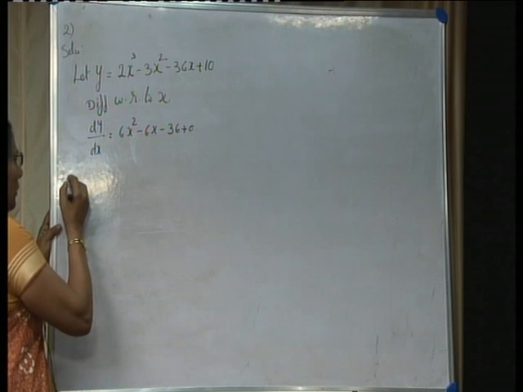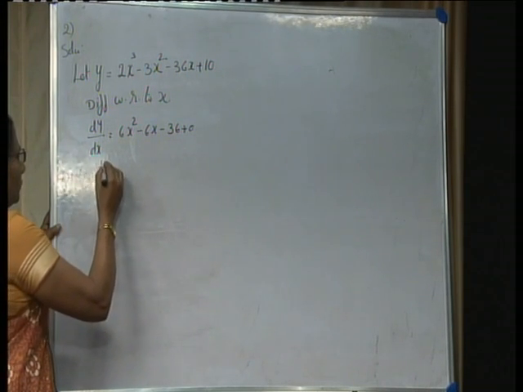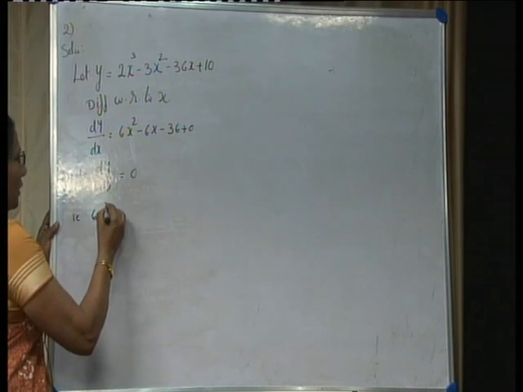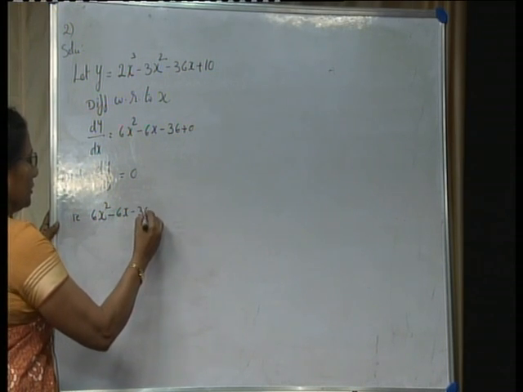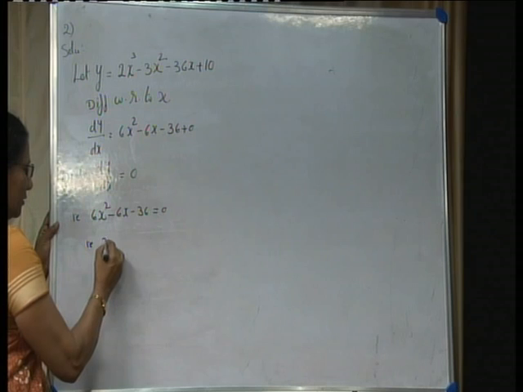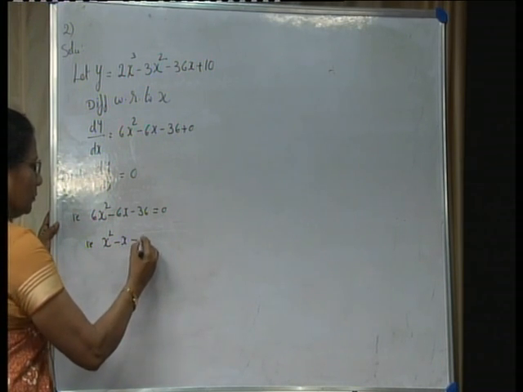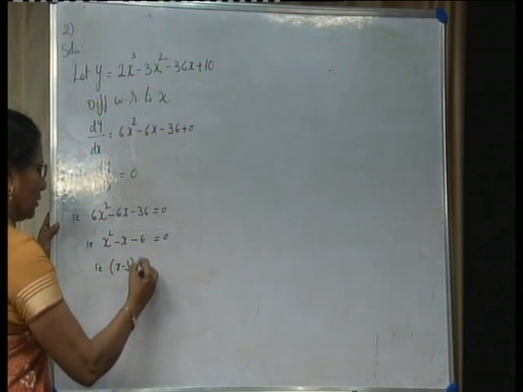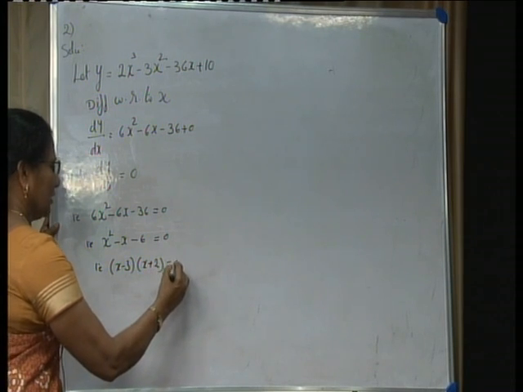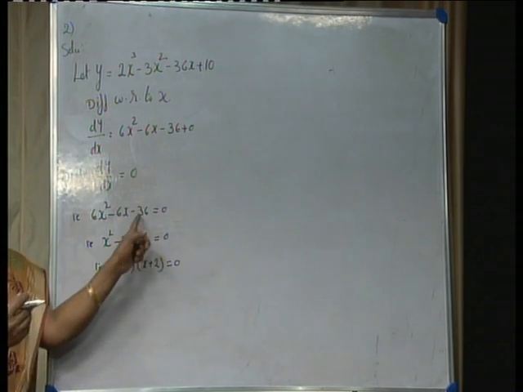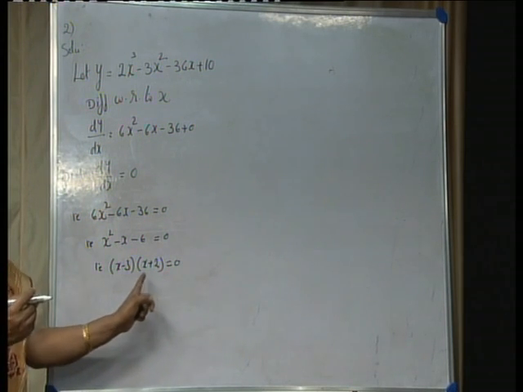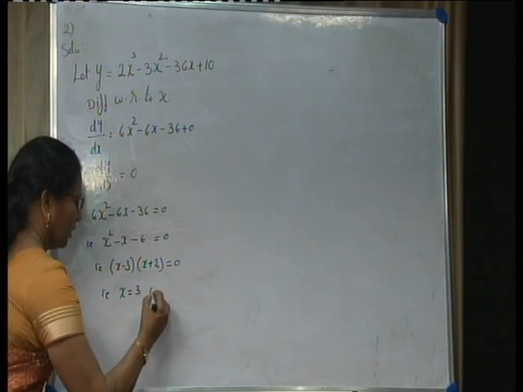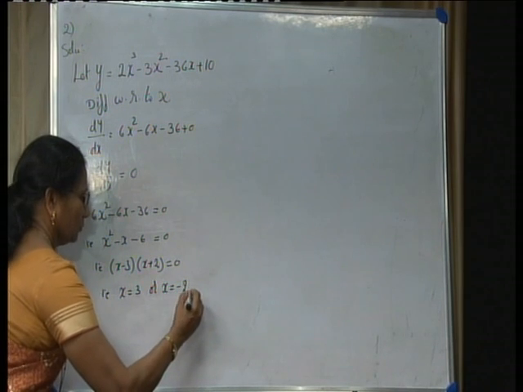So, for the condition dy by dx is equal to 0, that is 6x squared minus 6x minus 36 is equal to 0, that is x squared minus x minus 6, that is x minus 3 into x plus 2, factorization, 3 2s are 6, minus 3 plus 2 is equal to minus 1. x minus 3 into x plus 2 is equal to 0, that is x is equal to 3 or x is equal to minus 2.